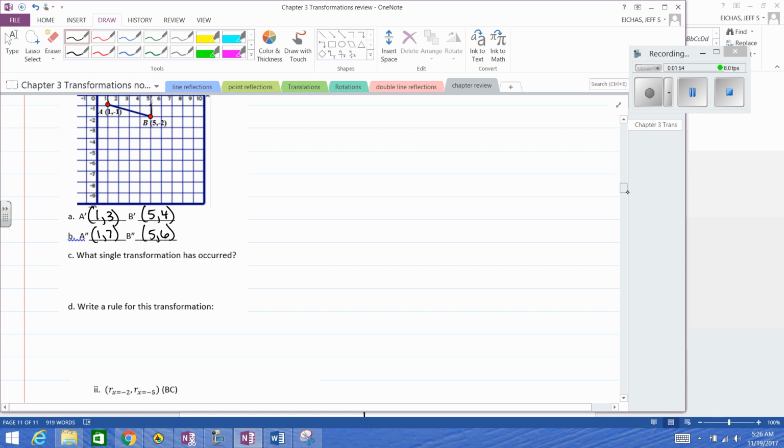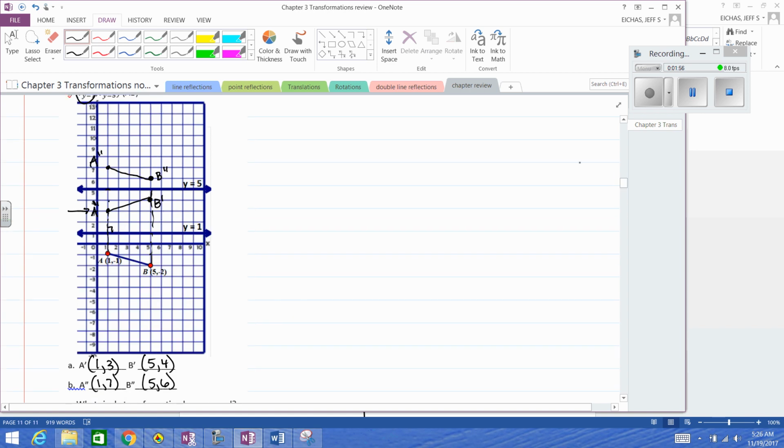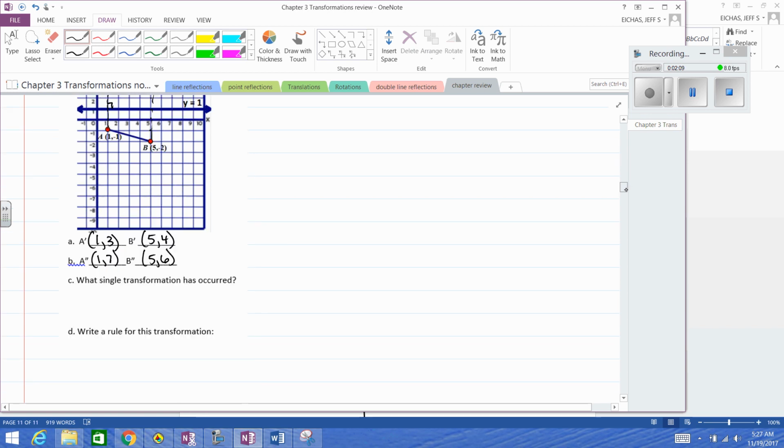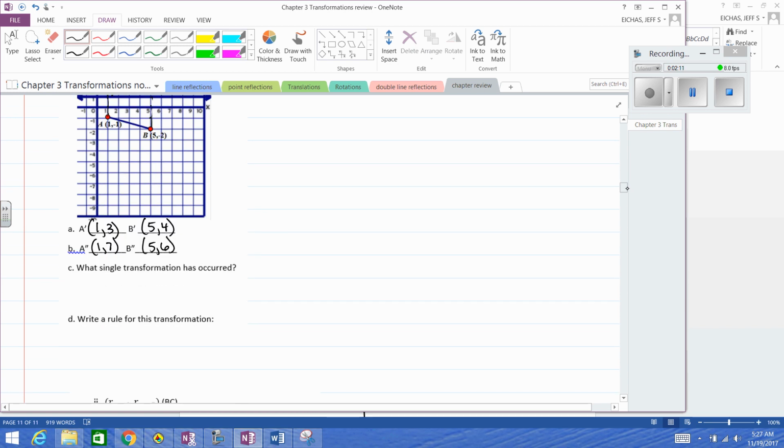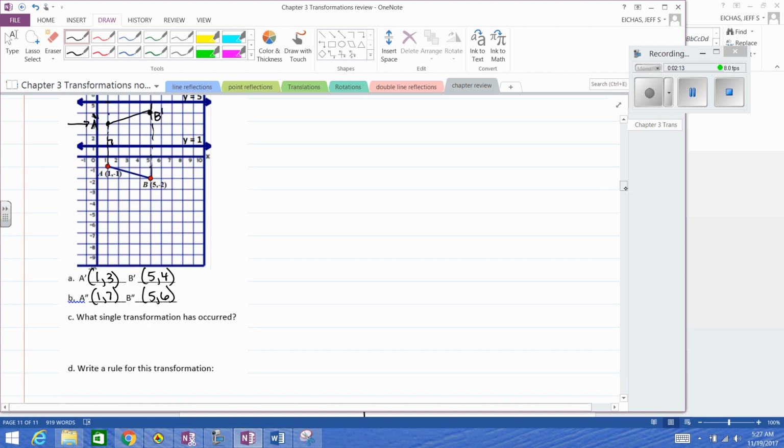What single transformation has occurred? A double line reflection. So you know that if we had a figure of 3 points, the orientation would be preserved. So it's not a line reflection. We know 2 line reflections result in one of 2 things, either a rotation or a translation.